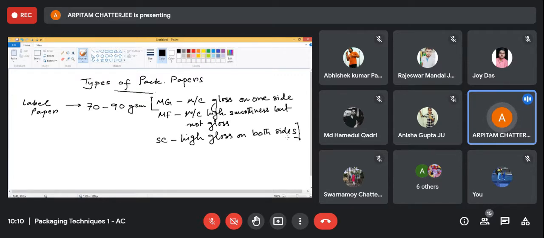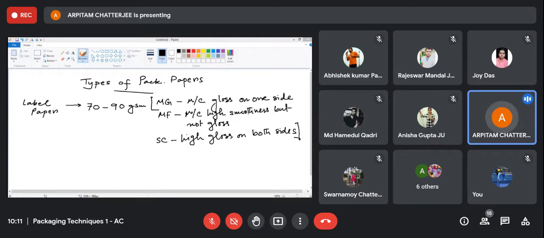So depending on your application, you have to choose what kind of label paper you want. For example, you are going to stick it on the material using some water based glue. If it is some water based glue, then very smooth paper won't be very applicable, because it must have a kind of fibrous structure so that the glue can be absorbed with the water and then it can be stuck properly on the surface.